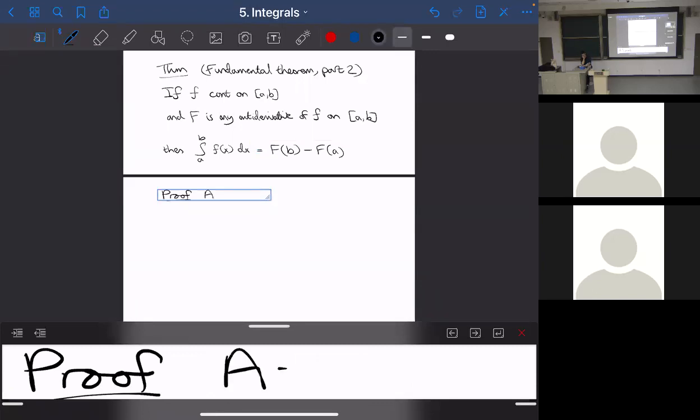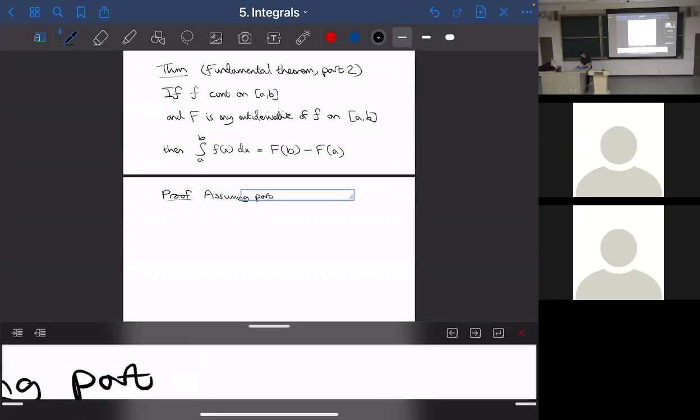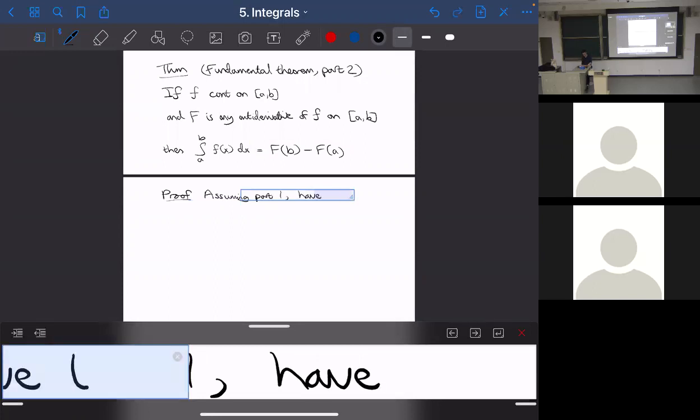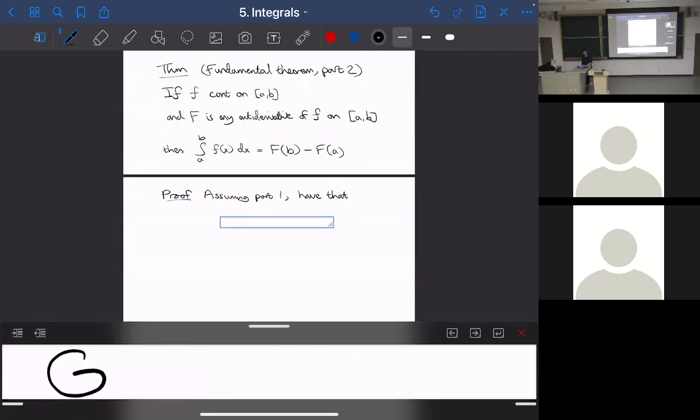So proof, assuming part one, which was the hard bit actually. Have that, I'm going to change letters. I have that G(x), so this is defined in just the same way as our old F(x), it just uses a different letter.